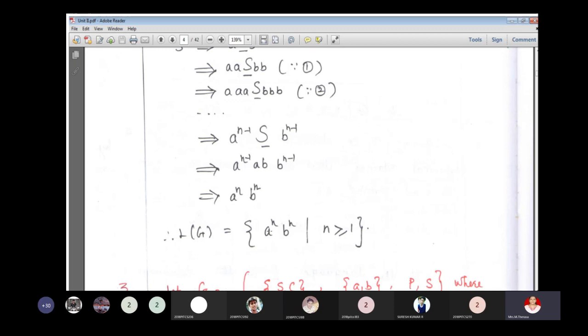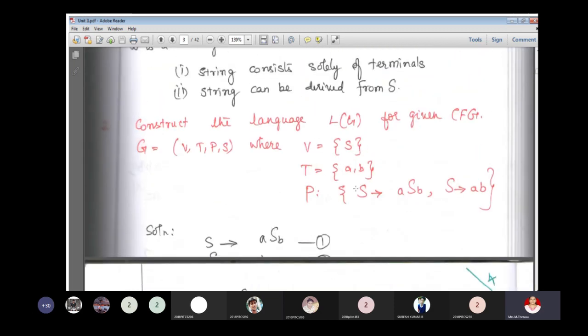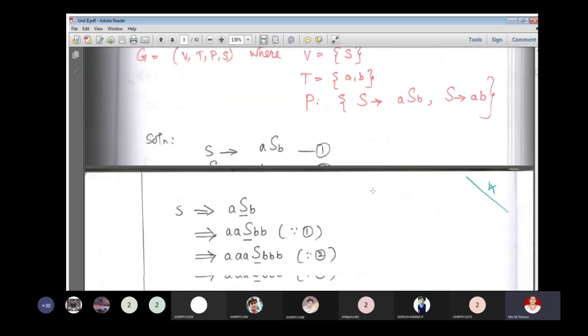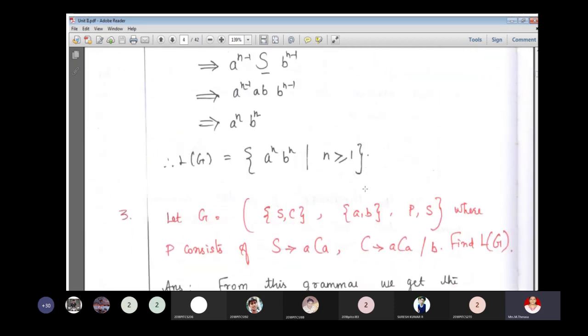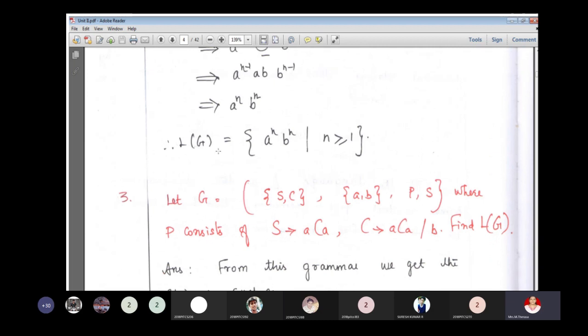What is the meaning? Any n number of a's followed by n number of b's. So this is the grammar with the four tuples V, T, P, S. It can generate the language L of G, which is equal to a power n, b power n such that n is greater than or equal to 1.